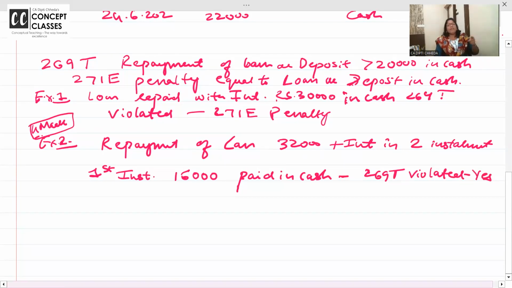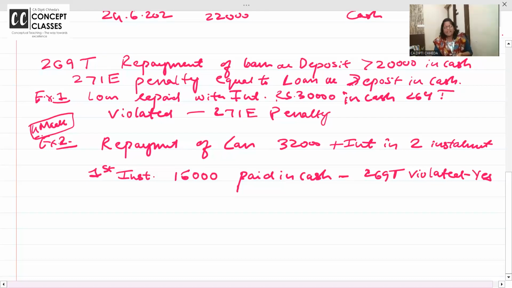Why? Because when we paid 16,000, the outstanding balance was more than 20,000, no? Then why did you pay 16,000 in cash? If at any time your balance... see, this section is a little tricky, so do it carefully. Repayment of the loan in cash above 20,000.